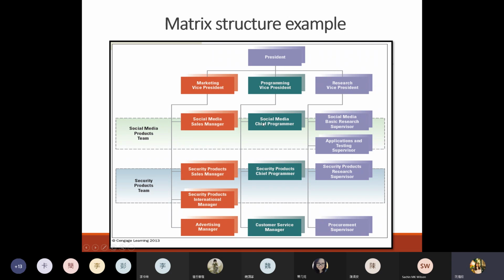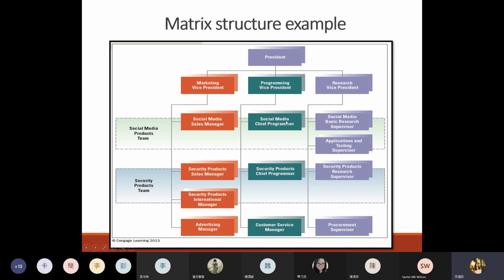Then we have the social media chief programmer, because we will have someone from the programming field. And then we will have the social media basic research supervisor, because we have personnel from the research field.